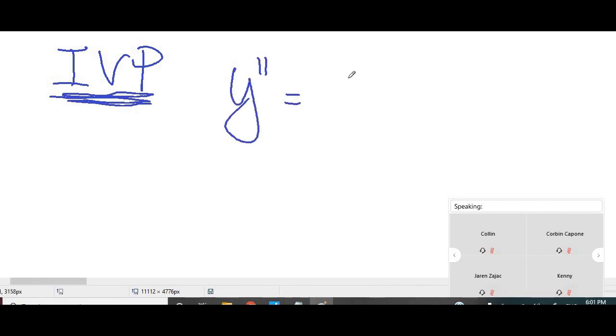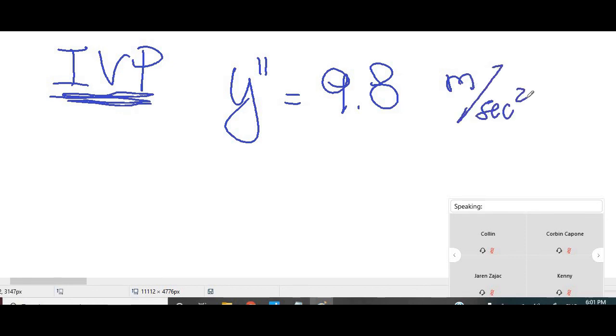Suppose we were given y double prime, and y double prime looks like a constant, 9.8 meters per second squared. Do you guys recognize this number at all? Acceleration from gravity? Yes. Acceleration due to gravity on Earth. Making sense? Mm-hmm. Makes sense.